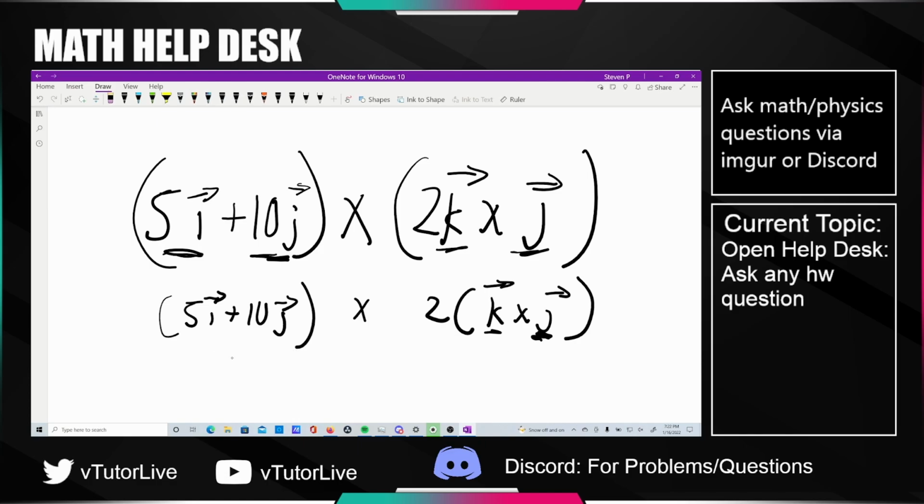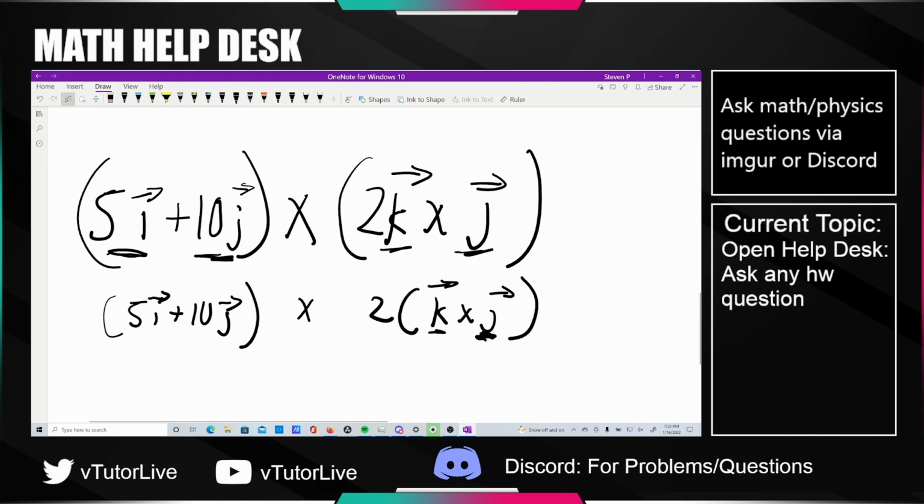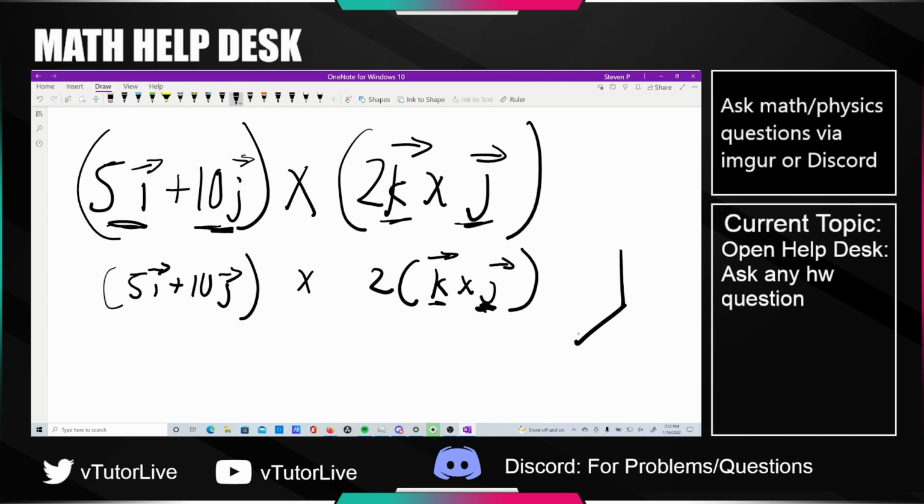Makes sense. So the K and J, how do I figure out again if it's negative I or positive I? Play around with your right hand. That's what it always is, right? So X, Y, Z is your right hand coordinate system, and instead I'm just going to call it I, J, K at this point. When you do K cross J, where does your right thumb point?